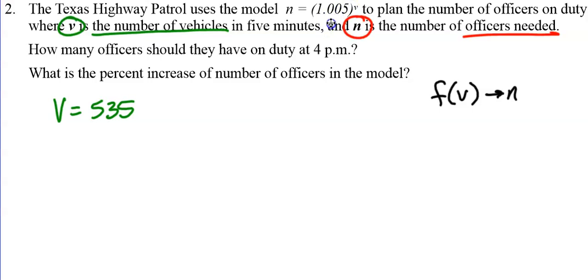We have the multiplier here, which is 1.005, which is 0.5%.